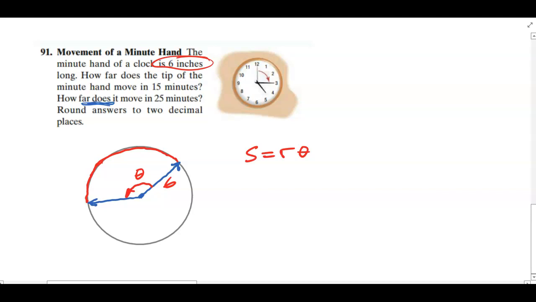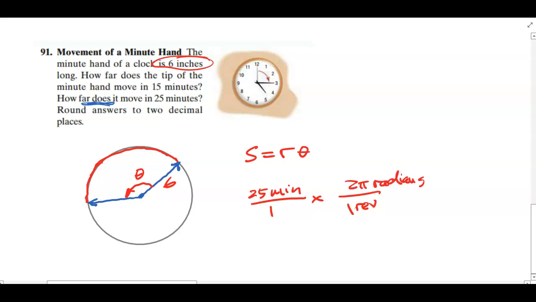Well, we know that 25 minutes over 1 times, in 1 revolution, 1 revolution is 2 pi radians.